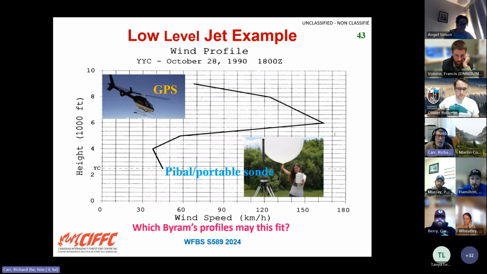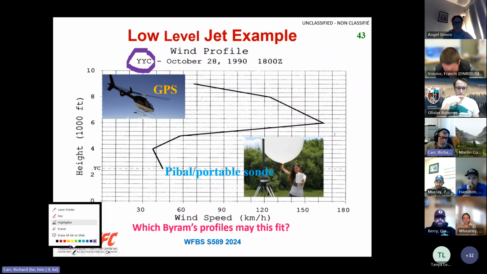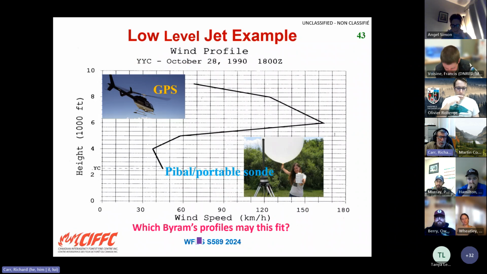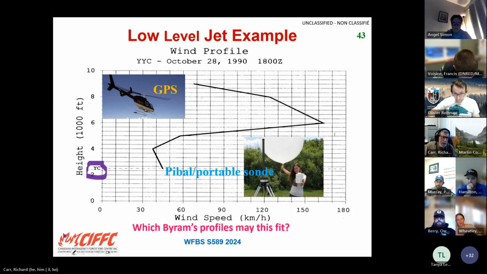Here's a low-level jet example from Calgary, 1990, about this time of year, autumn. You can get some pretty strong Chinook winds coming across the Rockies. YYC, of course, is the Calgary Airport code. Something that I find a little odd about this is that the elevation of the Calgary Airport is close to 3,500 feet, but if you look at this plot, the YYC right there is just a little bit over 2,000.